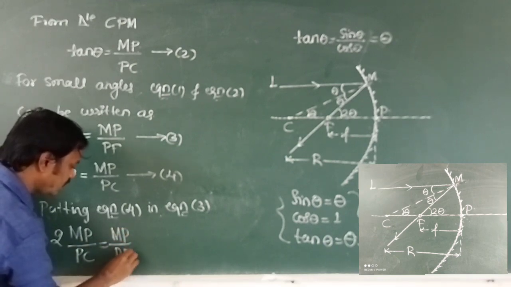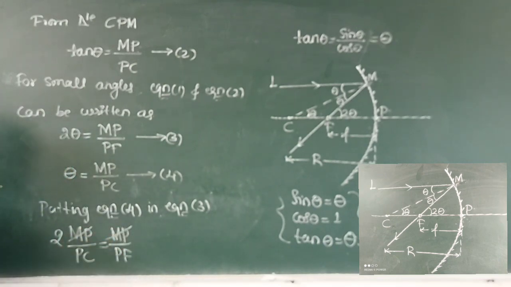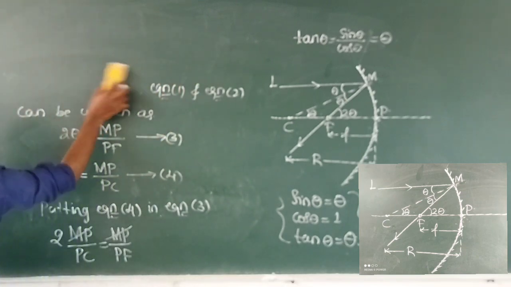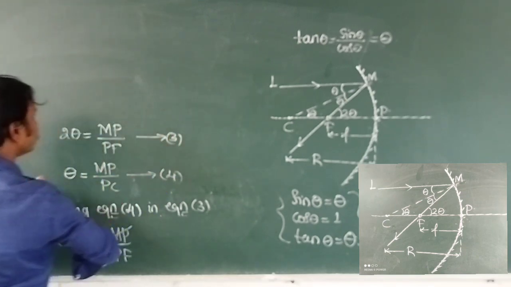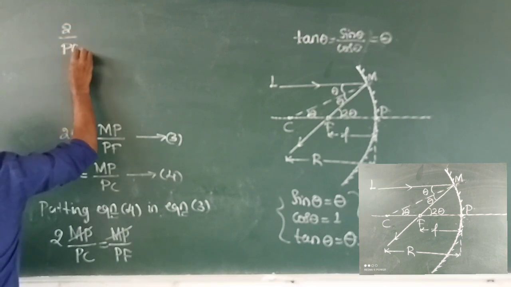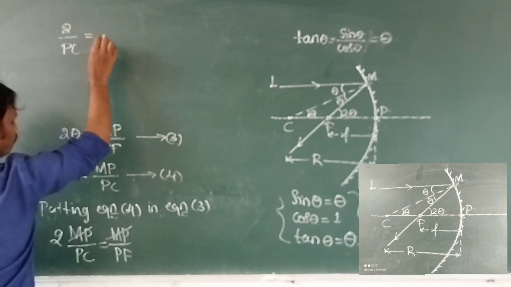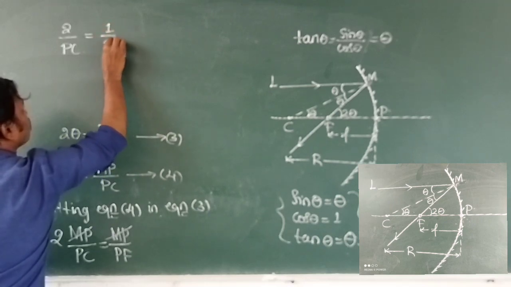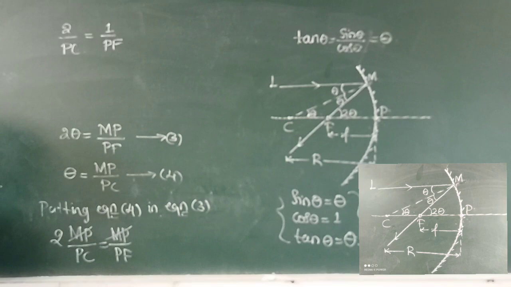Then what gets cancelled here? MP gets cancelled. Then what did we get? 2 by PC is equal to 1 by PF, because MP gets cancelled.